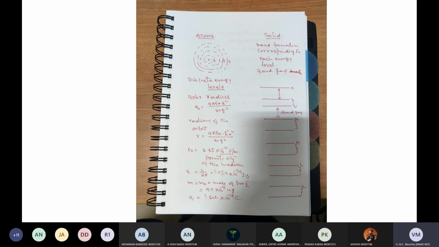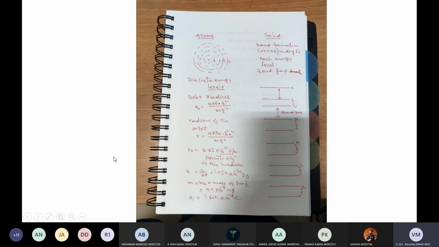Why? Because energy level bands will happen when more number of atoms come closer to one another.